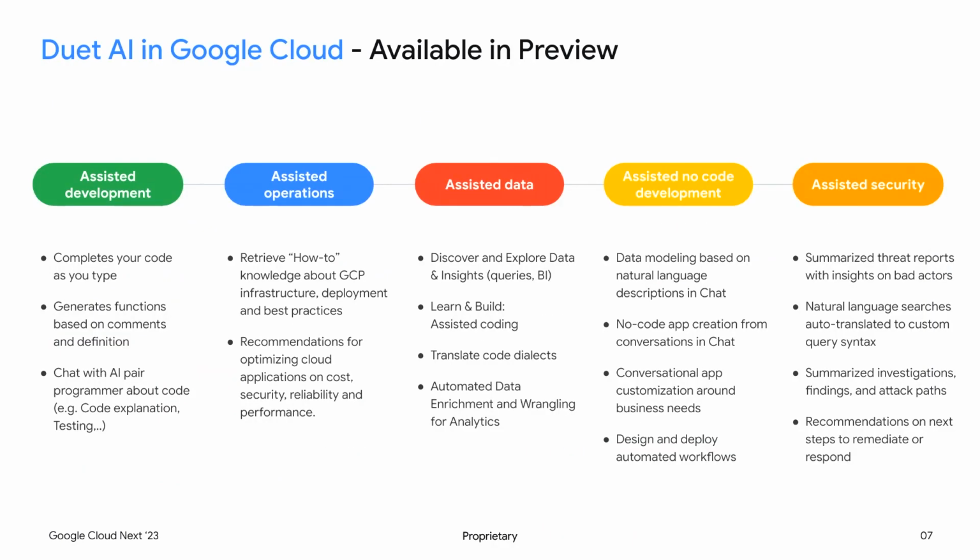Duet is a portfolio of products. The key idea is building solutions tailored to specific personas or audiences within your team. Here you can see the 5 main audiences. Today, we're focusing on the green one, assistive development. The key idea is meeting developers where they are, in their IDE or code editor, and giving them AI-powered tools to improve their productivity.